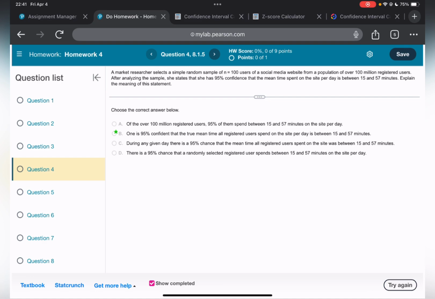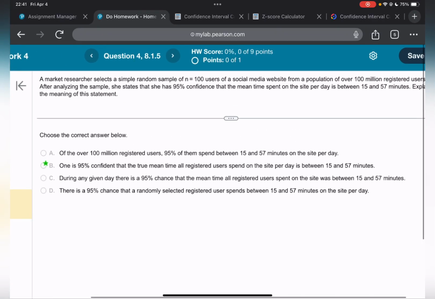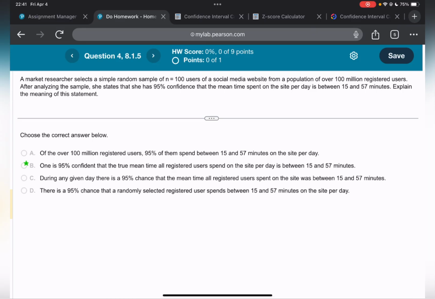Okay, and after analyzing the sample, she states she has 95% confidence that the mean time spent on the site per day is between 15 and 57 minutes. So explain the meaning of it. Well, it's already explained: 95% confidence that people spend on the website between 15 and 57 minutes.